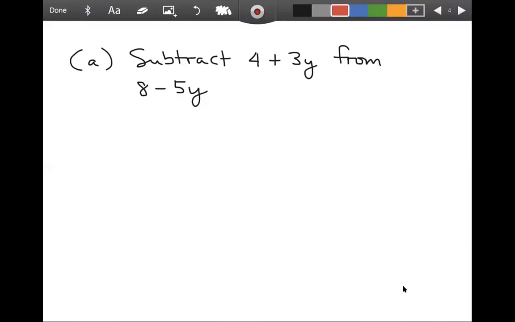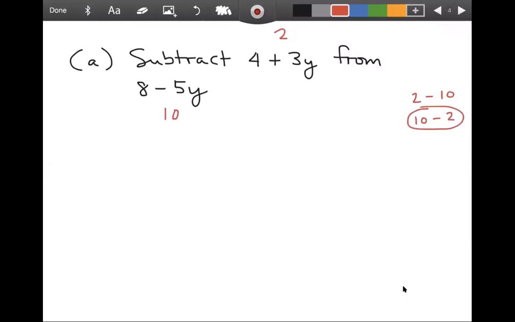Forget about 4 plus 3y and 8 minus 5y. Suppose it said subtract 2 from 10. Does that mean 2 minus 10, or does it mean 10 minus 2? It means 10 minus 2, right? So one thing you have to remember about subtract from is that it changes the order.